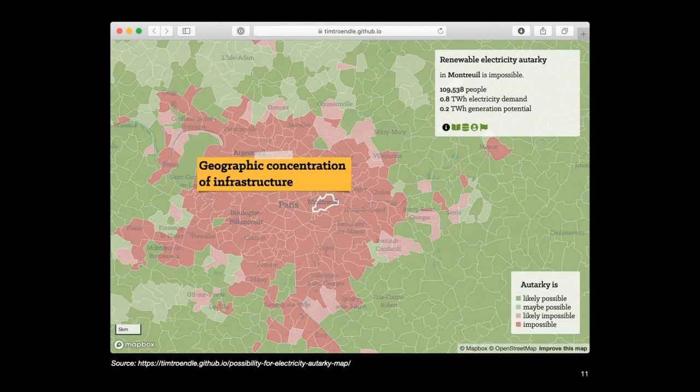So if you're locating supply infrastructure where demand is, of course you're concentrating it in locations with high demand, and that's not a problem for small cities or villages, but for a metropolitan area like Paris, this can be a problem because you're adding stress to the land that is already very dense and already has a lot of stress. So this is a trade-off that comes with self-sufficiency that you have to accept if you want to go for self-sufficiency.